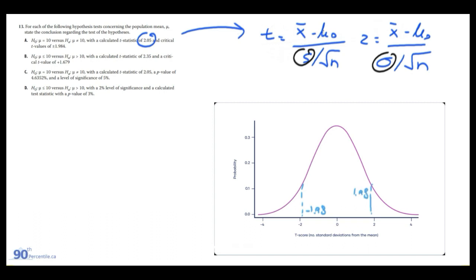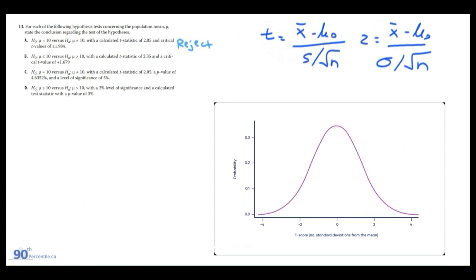So we would have run this formula here, and for right now it's given to us, of course, we get 2.05, which is beyond this 1.98, which means that given the information we have, we are in the rejection region. We have enough data to reject the null because we're beyond this. So we can reject this one.